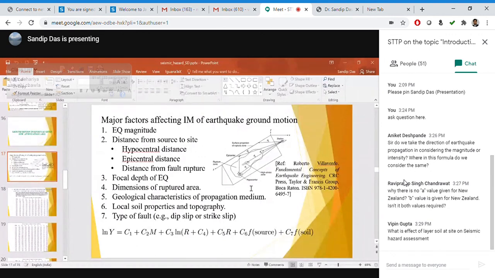Now, if your region is not seismically active, then most of the catalog data will be far away from the place. So when you use this distance in your attenuation model, the majority will be far-side events, so your hazard there will not be very high. That is not a problem.